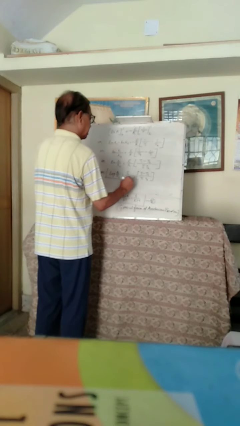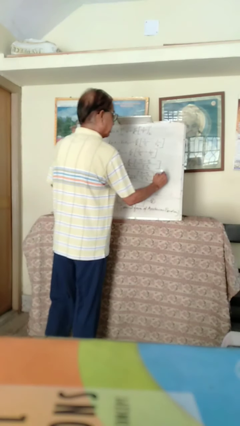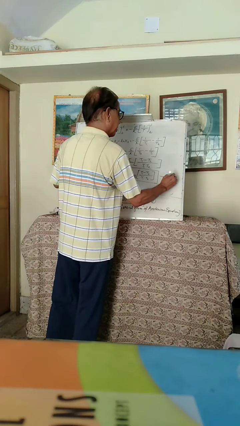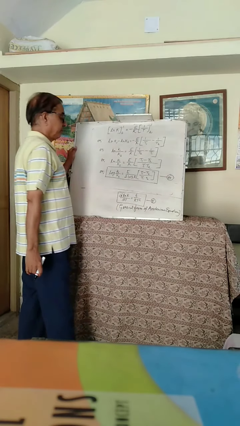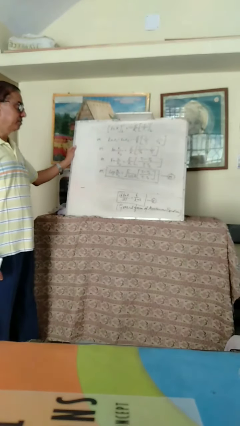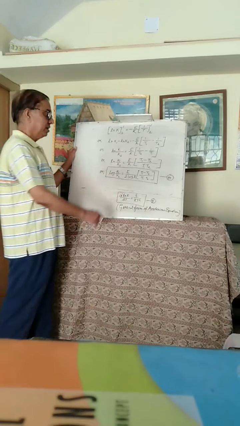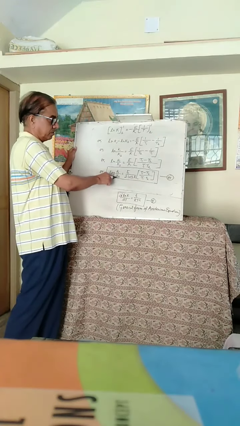This is equation number 8, the expression by which we can determine the value of energy of activation E if the values of the velocity constant at two different temperatures are known.